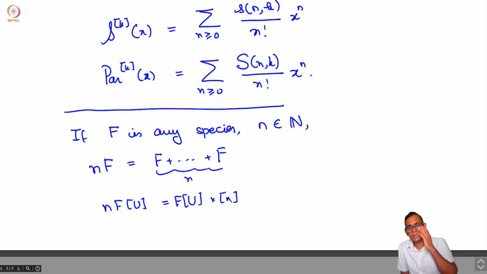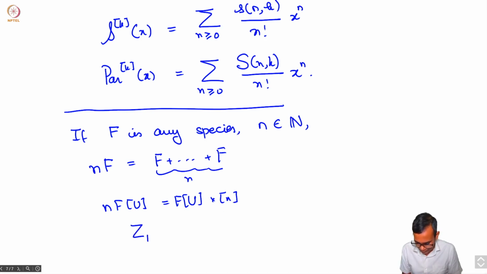You can think of it as n disjoint copies of F(U), but as I explained earlier, you can also think of the ith copy as F(U) cross singleton i, and so when you take the union, you get F(U) cross n. And Z of nF is just multiplication by n at the level of generating series.